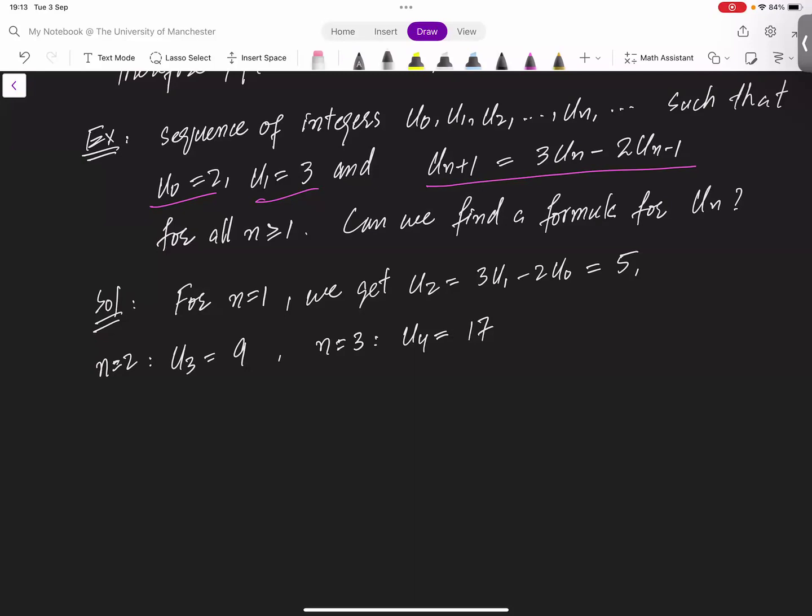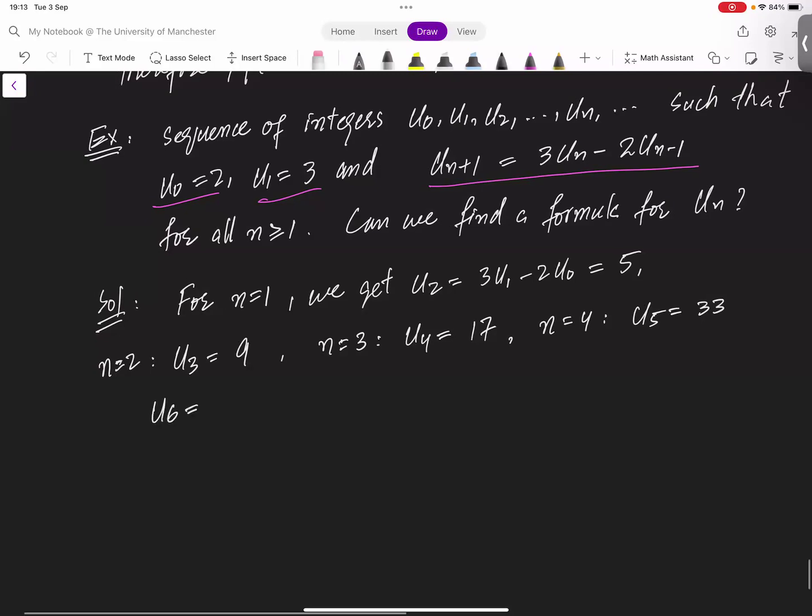Then for u5, n is equal to 4, u5 is 33, and then u6 is 65 for n equal to 5. Okay. Can you see a pattern? Is there any obvious pattern? Yes.